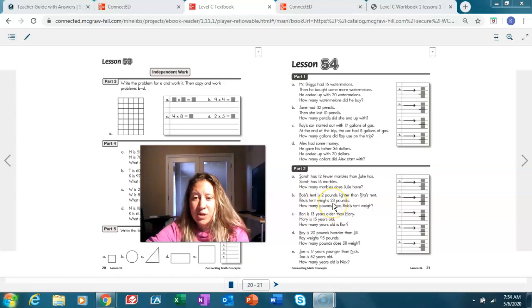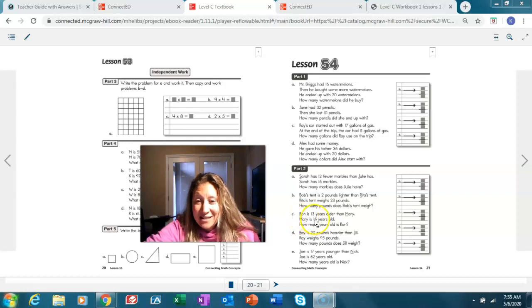Go ahead and replace R. And write down your problem and work it. And did you get 21 as your answer? Good job. Let's go on to problem C.